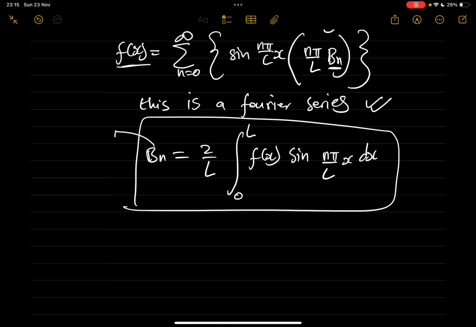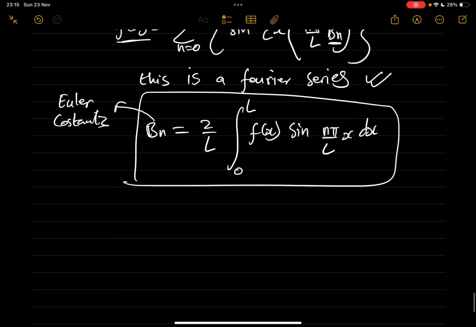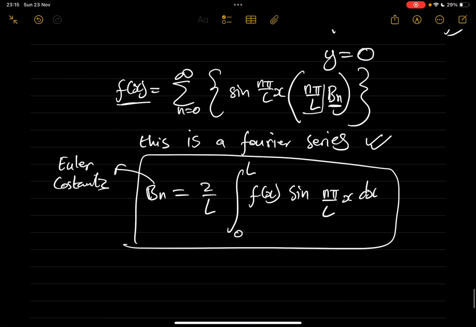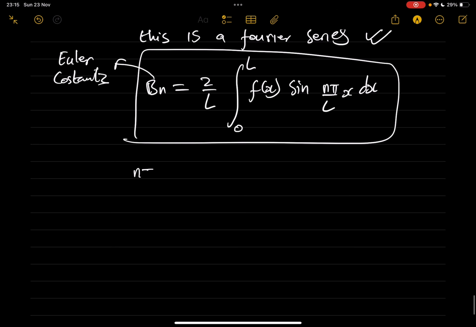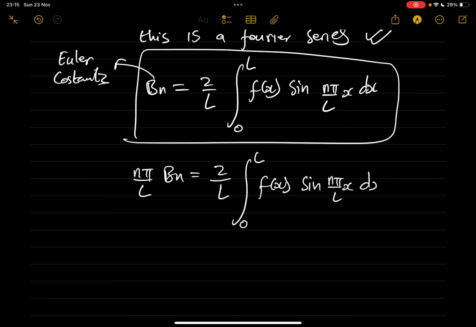When you're looking at Fourier series, we are saying this is one of Euler's constants, right? But then our bn here comes with n pi over l. So n pi over l bn is equal to 2 over l, the integral from 0 to l of f of x sine n pi over l x dx.